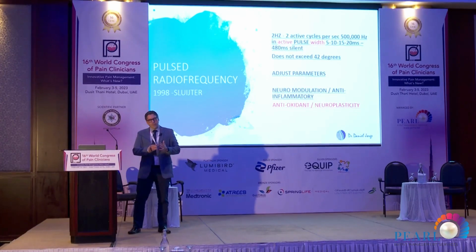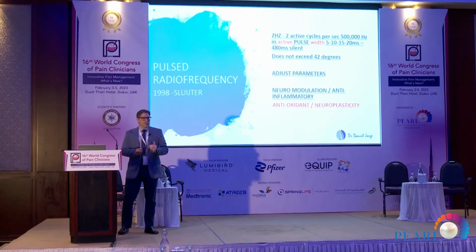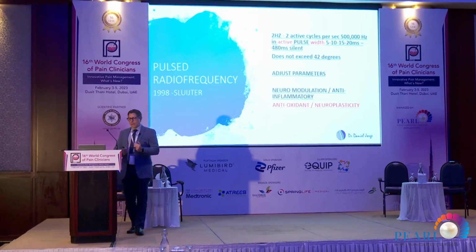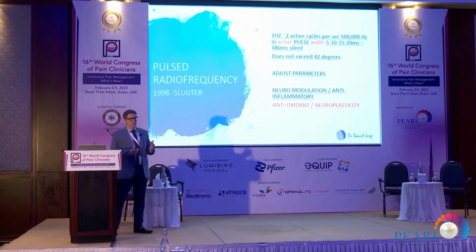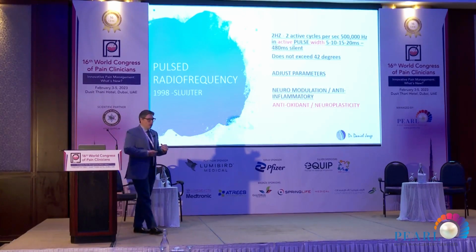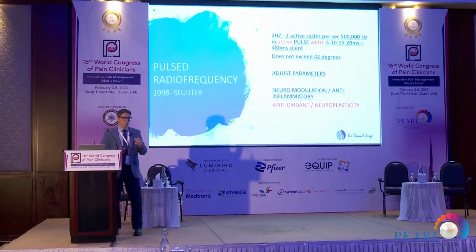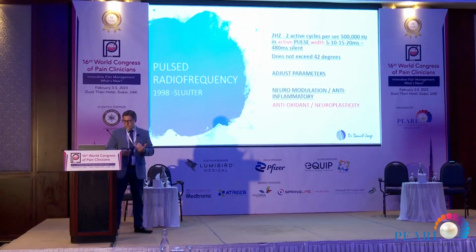And between them, we can choose the pulse width. We know nowadays that using a lower pulse width, we experience no heat association with the treatment, because when you use 20 milliseconds of pulse width, you may have some heat spikes. And that's not what we want when we are using this kind of treatment.